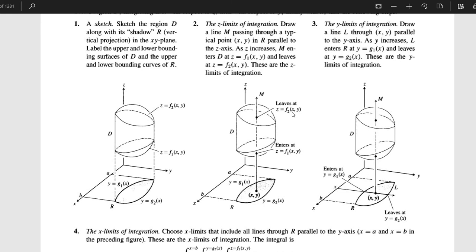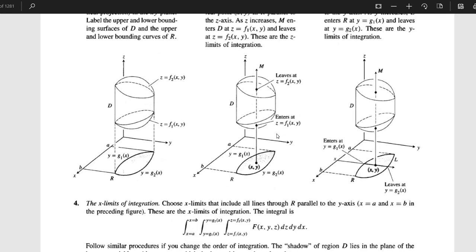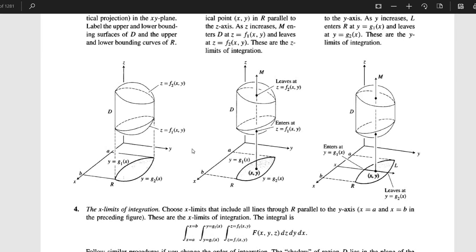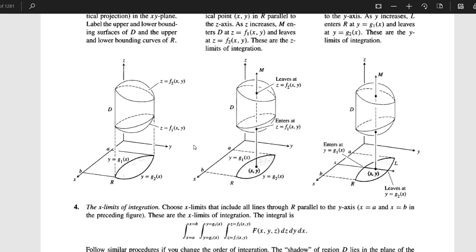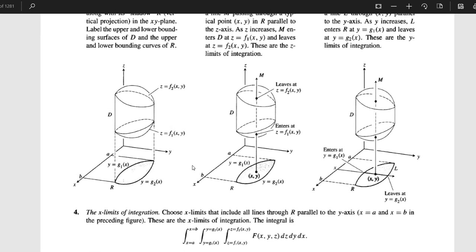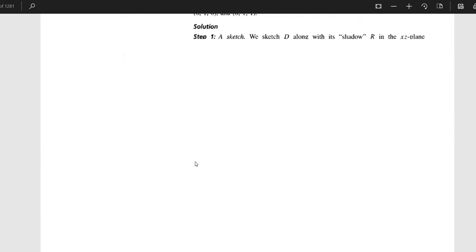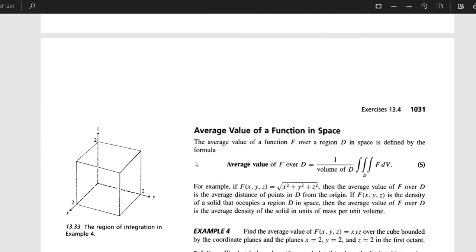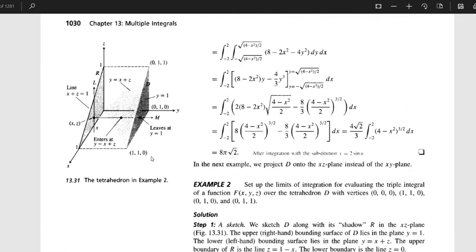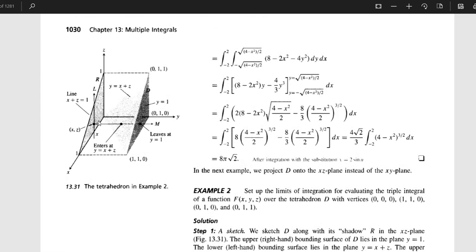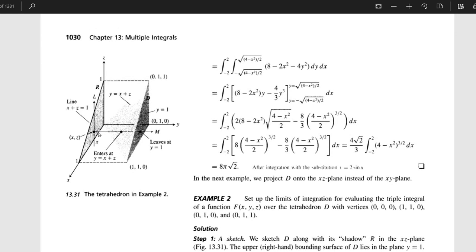So first of all, we have to draw the region. Next, from the shadow onwards, we have to draw a line. This is the shadow. From the shadow, draw a line through the region.